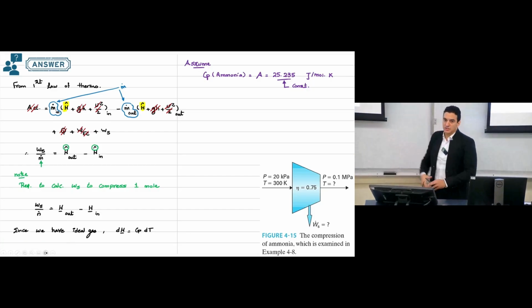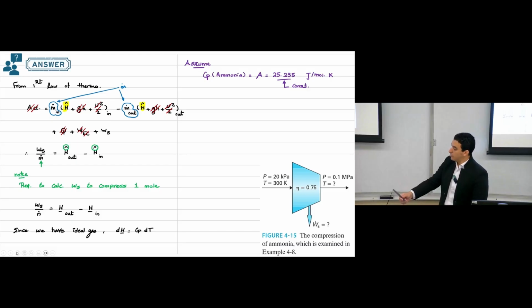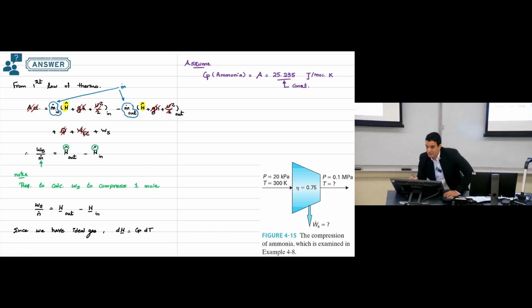If Cp equals this number, Cp of ammonia is constant, then we can integrate the dH equation.